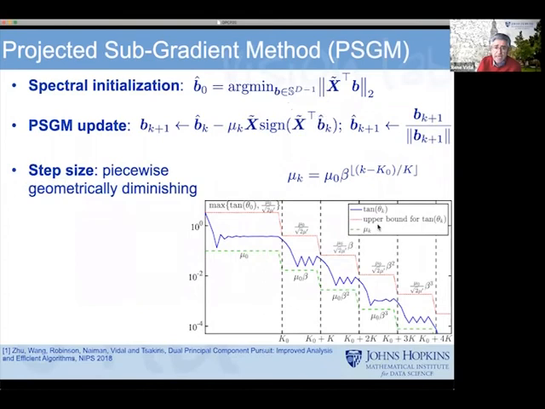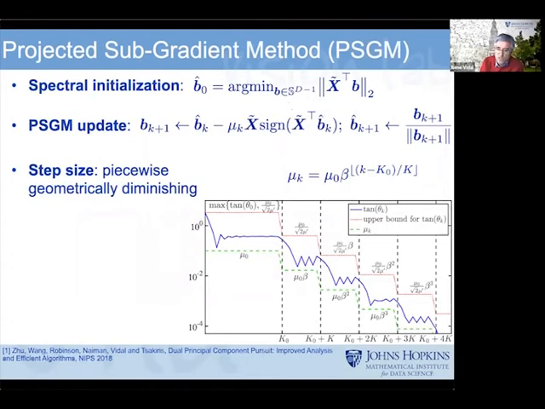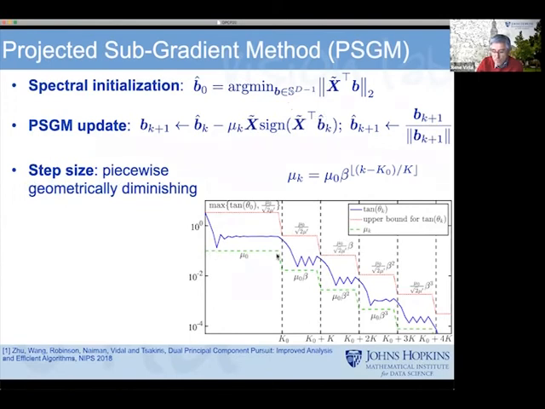And the only clever ingredient here, because obviously this method is well known and trivial, is the selection of the step size. So rather than selecting it as a constant or just diminishing exponentially, what we do, and this is illustrated here with the green curve, is that we keep it constant for a number of iterations. And then we decrease it by multiplying it by a number beta that is less than 1.